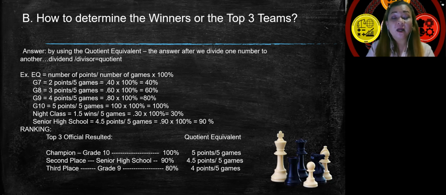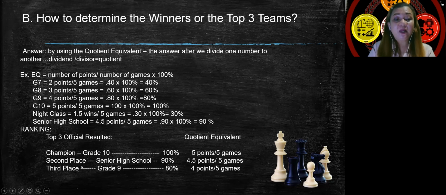The team with the highest percentage wins the game. Based on the record here, for the top 3, the highest is grade 10, so they will be declared champion with 100%.